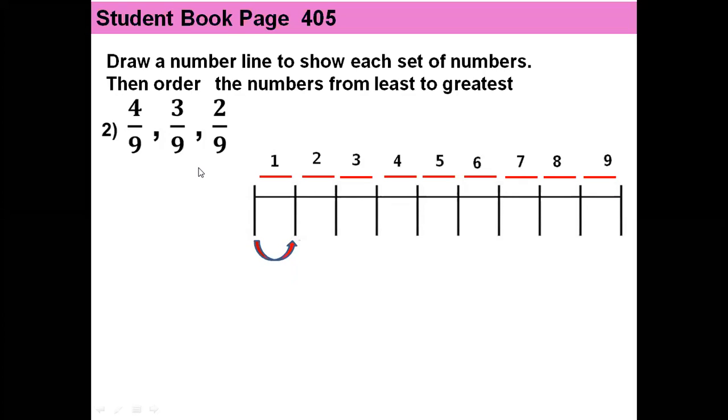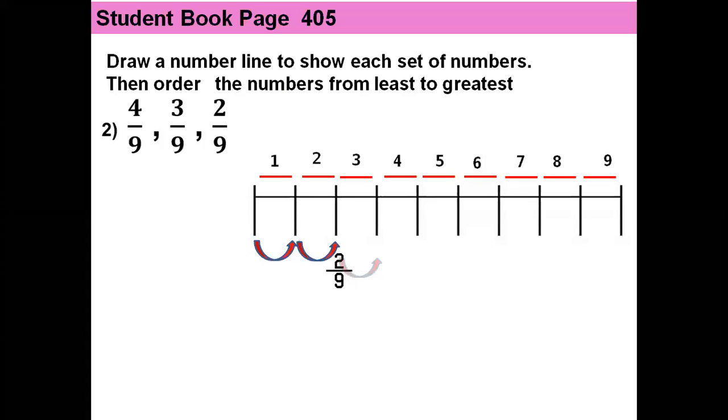Okay, then Aus. Then we will order the numbers. First, 2 out of 9. Where will the 2 out of 9 be? In the space of 2. So here, after 1, 2, this is 2 out of 9.